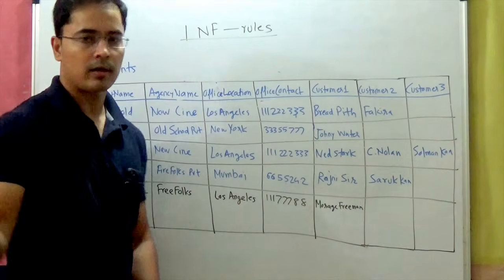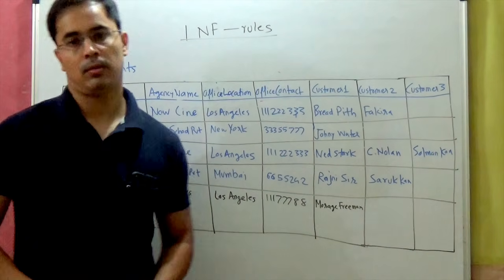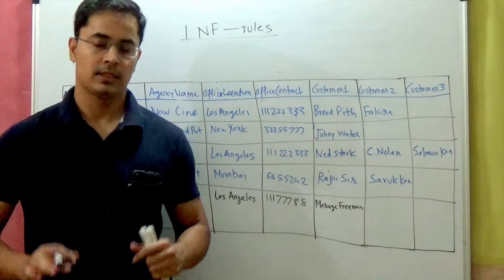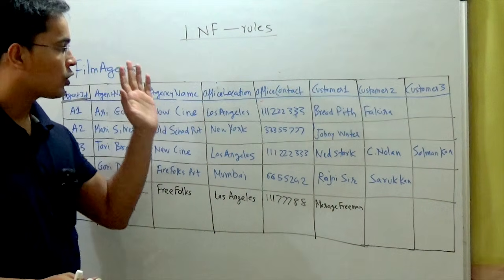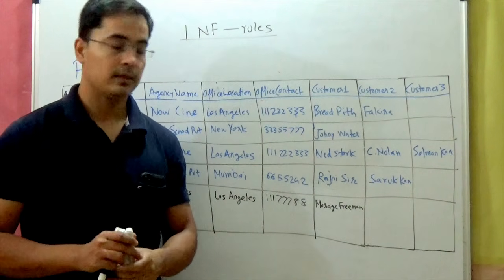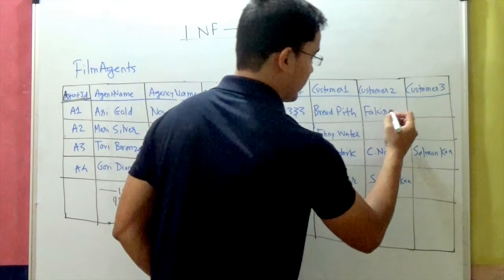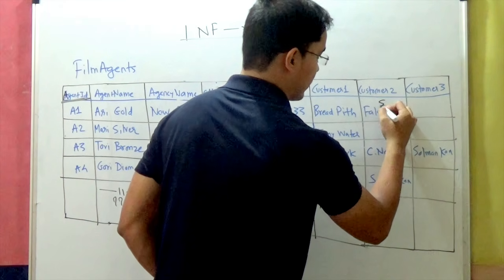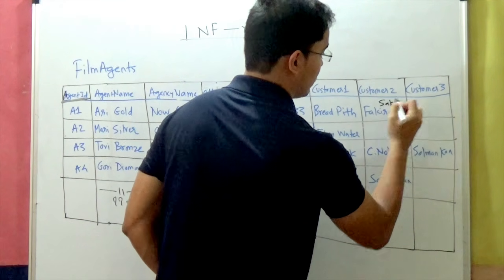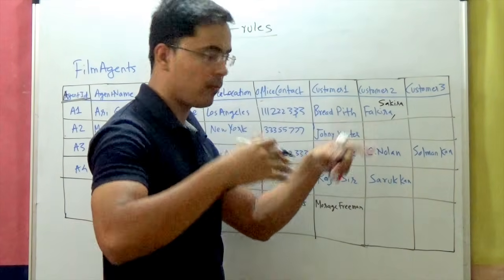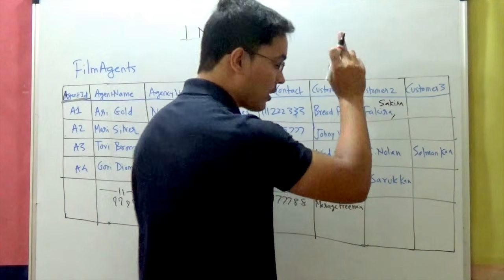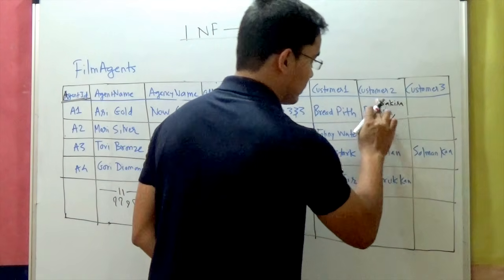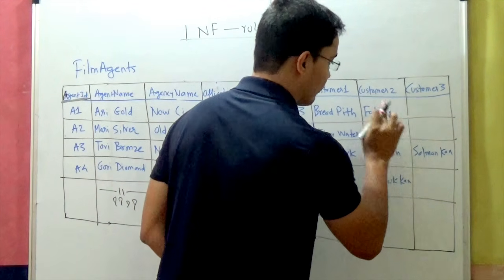What are the rules for attaining 1st normal form? 1st normal form says that each column should be atomic. That is, you should not have values like Fakira and Sakira, or 1, 2. Every column should be atomic. That means a single value in every column.